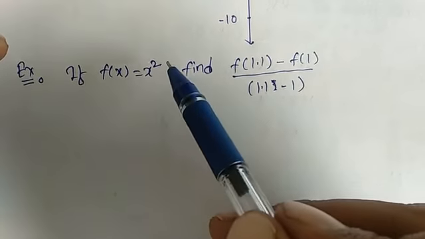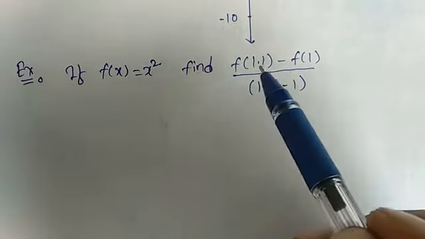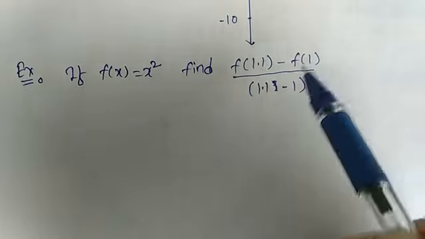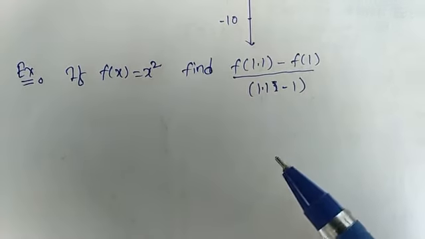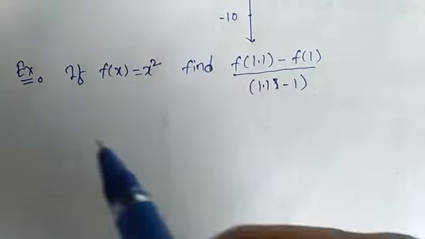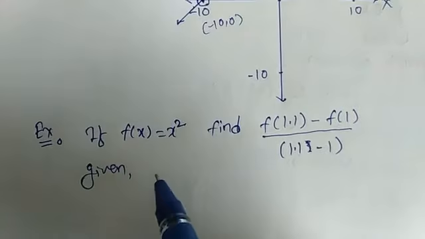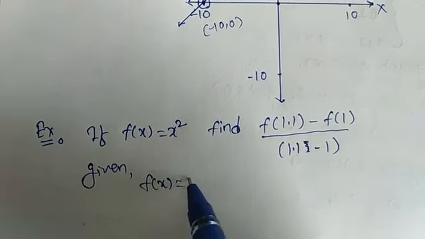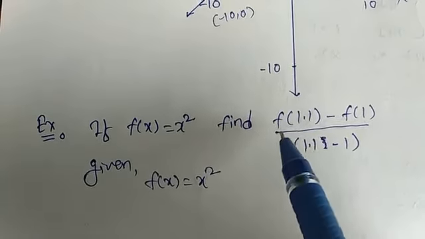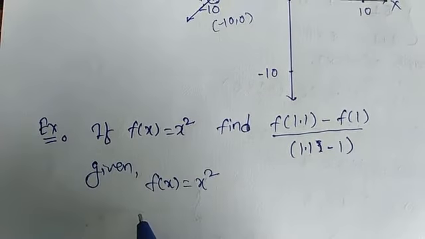If f of x is equal to x square, find f of 1.1 minus f of 1 upon 1.1 minus 1. Here we have a given function f of x is equal to x square. So now we find f of 1.1 first.